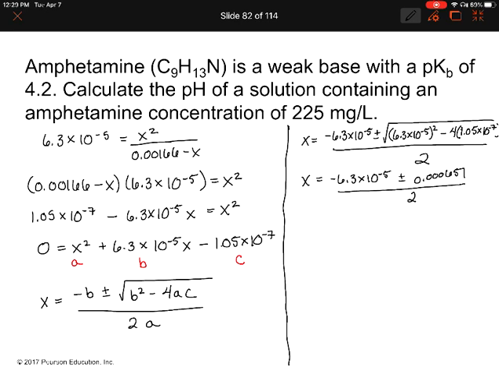Now, one of those values will be negative, and remember that concentrations cannot be negative. We want a positive value for x. So that positive value is equal to 0.000294. And remember that that is equal to the concentration of hydroxide ions.